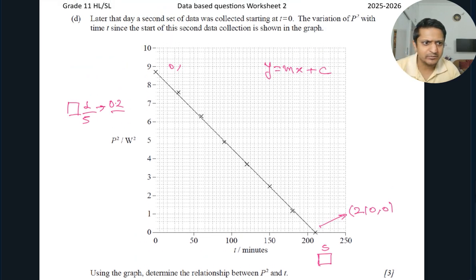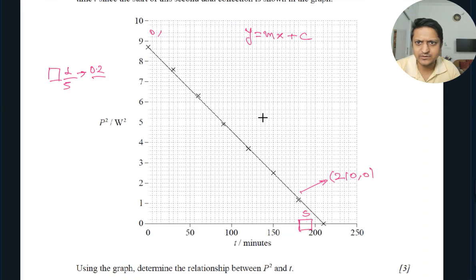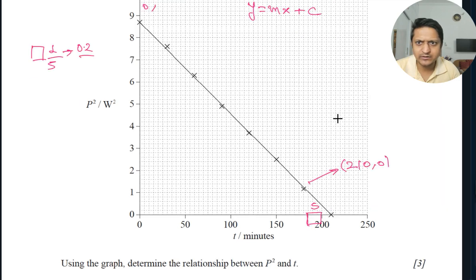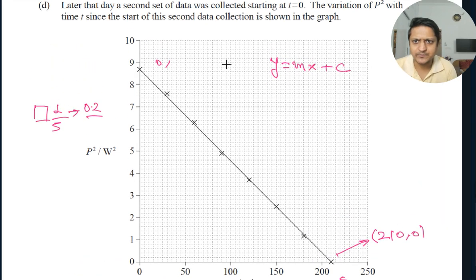Let me maximize it a little bit. Yeah, now the picture is clearer. So now we are in between of this. From 1 to 3 with 3 boxes means 8.6 and this is half, so 8.7 we are here.